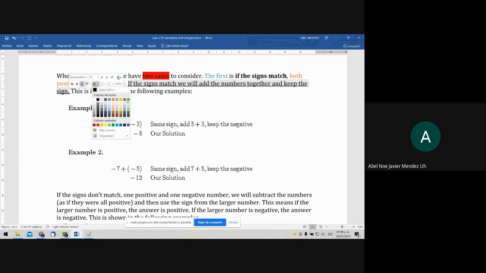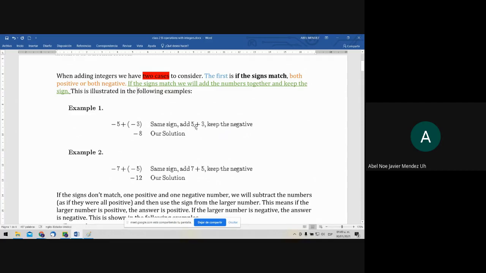This is very important that you remember this, okay? If the signs match, we will add the numbers together and keep the sign. We have here an addition of numbers with the same sign.